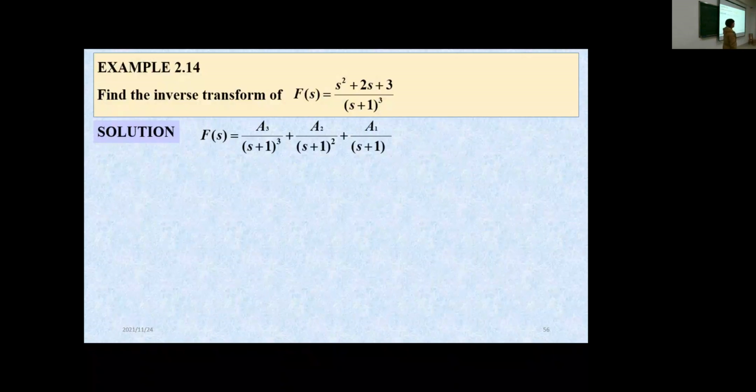This one. Of course, we should separate the whole F(s) into three.